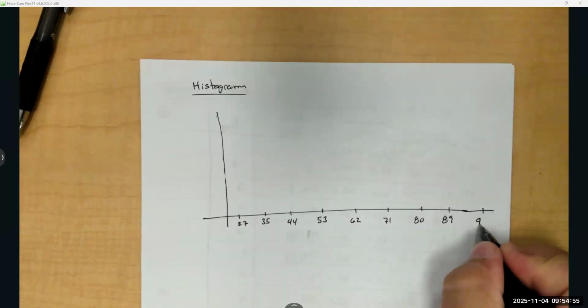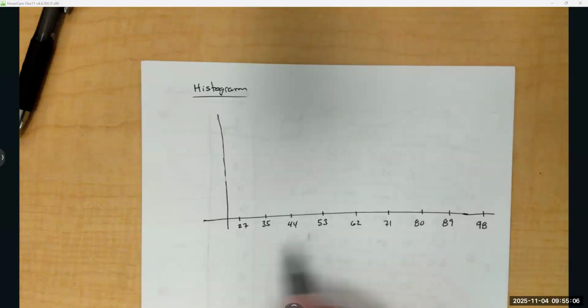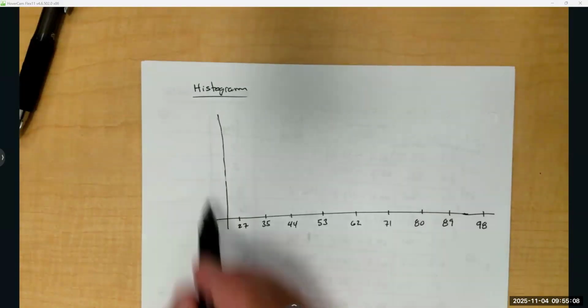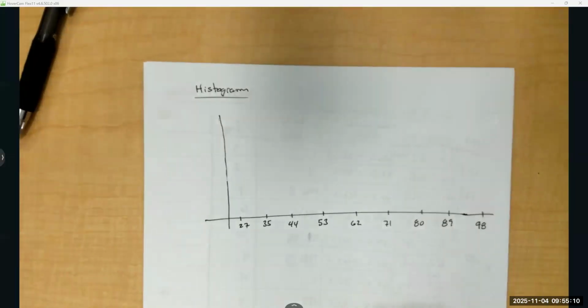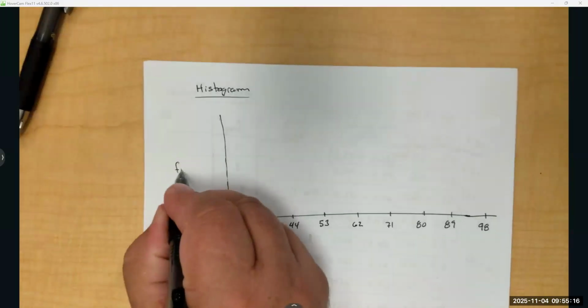And 89 to 98. So these are our intervals. What goes on the vertical line? The frequency.